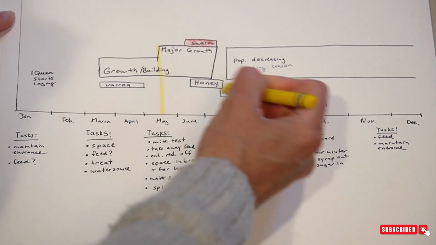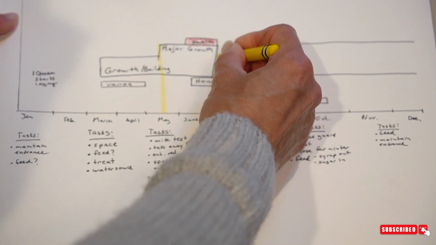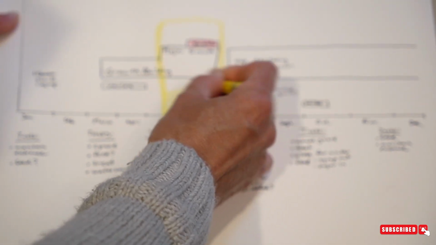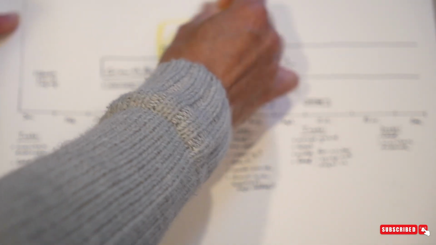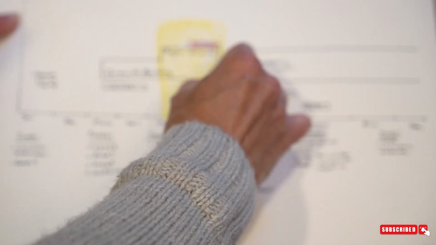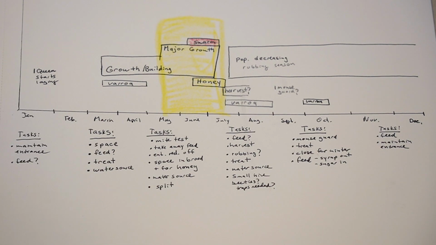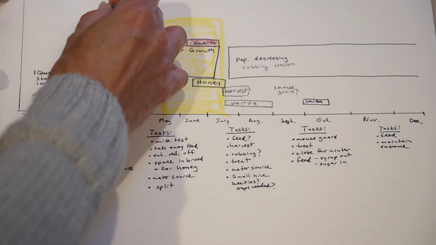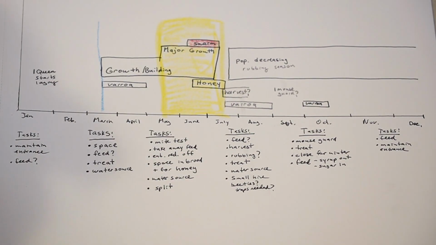Then we're going to add in some colored backgrounds just to help you remember the different tasks depending on the seasons. The first one, which is maybe one of the easier ones, is the yellow for the center, and that is going to symbolize what we're going to call summer, which is lots of flowers blooming and the hive is at its greatest population, and ends when the population starts to decrease and when you would be harvesting the honey. Another easy one to color in would be the winter time.